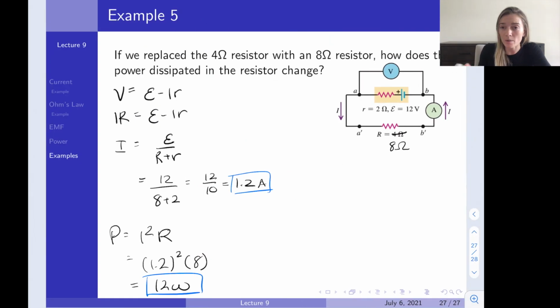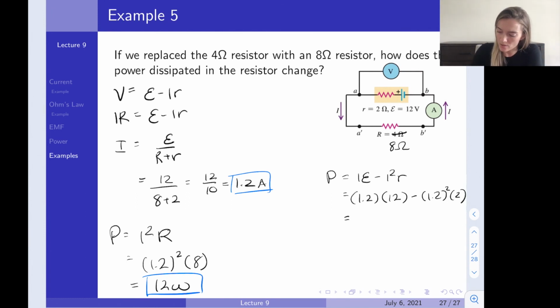Now let's check our total power that's supplied by the battery to make sure things make sense. The total power from the battery is I times EMF minus I squared times the internal resistance. So the current was 1.2 times 12 minus 1.2 squared times the internal resistance, which is 2.